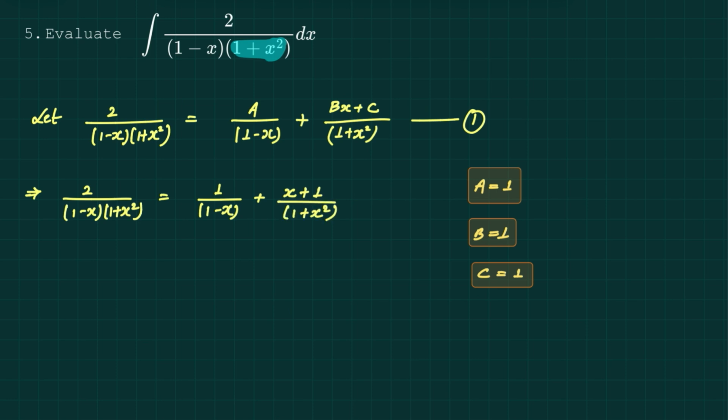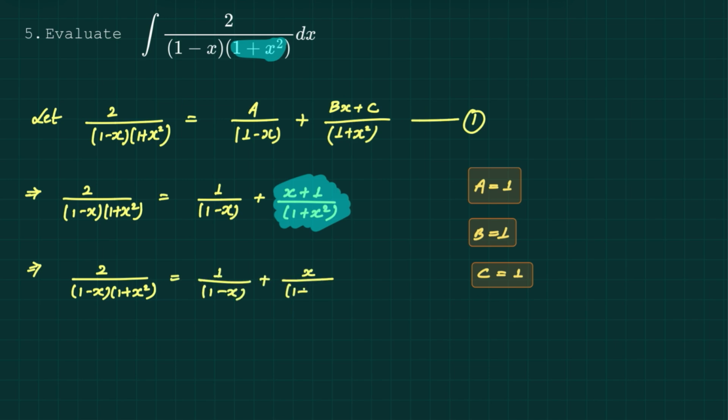Let us split this also into two parts by splitting the numerator: plus x over 1 plus x square plus 1 over 1 plus x square. So to integrate this function means to integrate this, integrating this and integrating this.